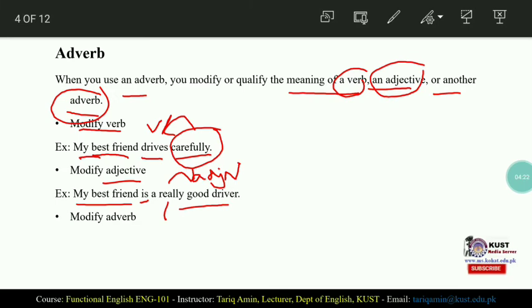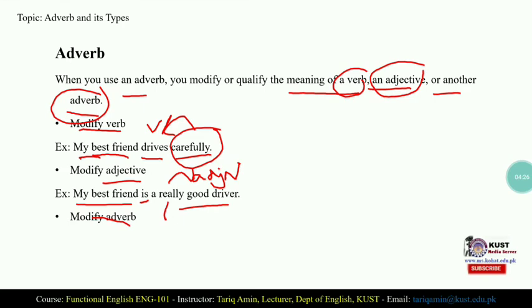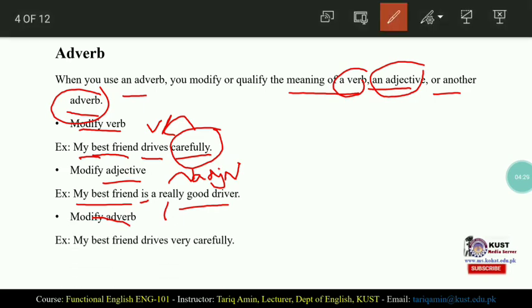Another example is how adverbs modify another adverb. For example, my best friend drives very carefully. In this example, carefully is an adverb, and this adverb carefully modifies the verb drives. But this adverb has itself been modified by another adverb, very. Very is an adverb, and this adverb modifies another adverb, carefully.